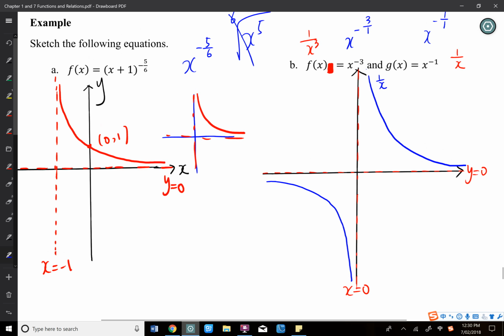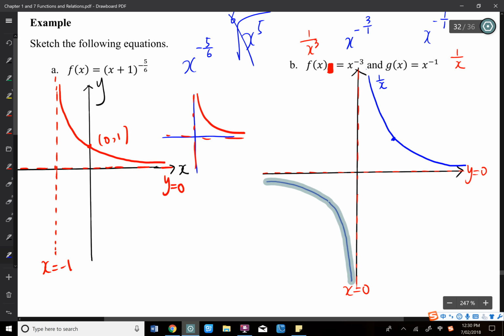Yes, because 1 to the power of any power will still be 1. So you have intersections at (1, 1). Just make it longer. Okay, you have (1, 1), and on that side you have (-1, -1).